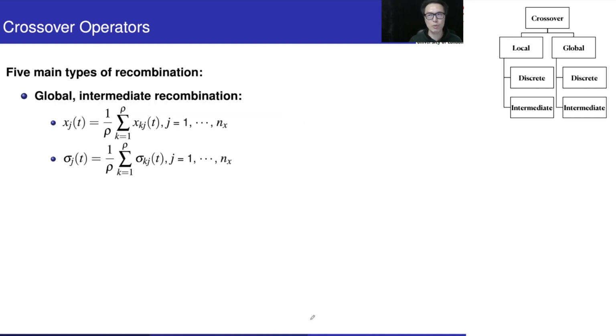Okay, the next combination, that is global intermediate recombination with rho greater than 2. Look at this equation. We have the summation of all elements of x from the k parent in the j position, and then divided by rho. It means that we are going to take the average value of all parents to form the offspring x in the j position.